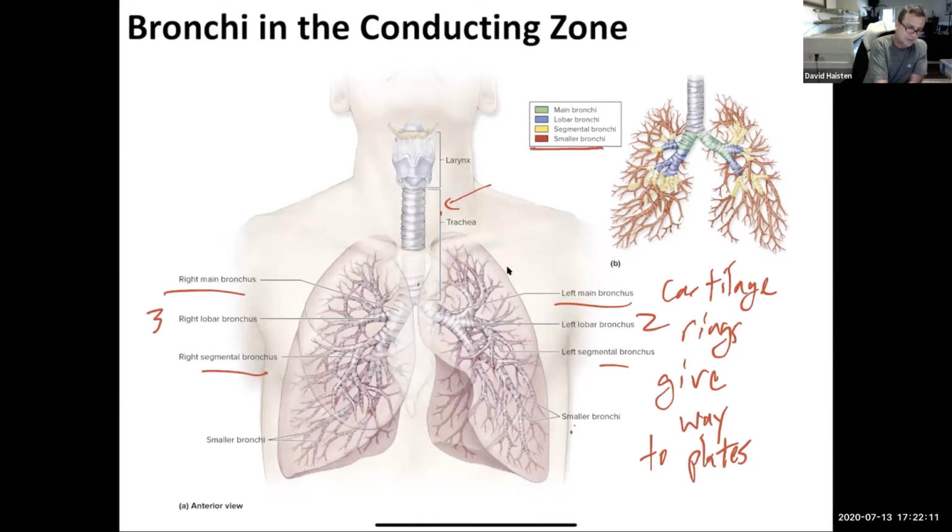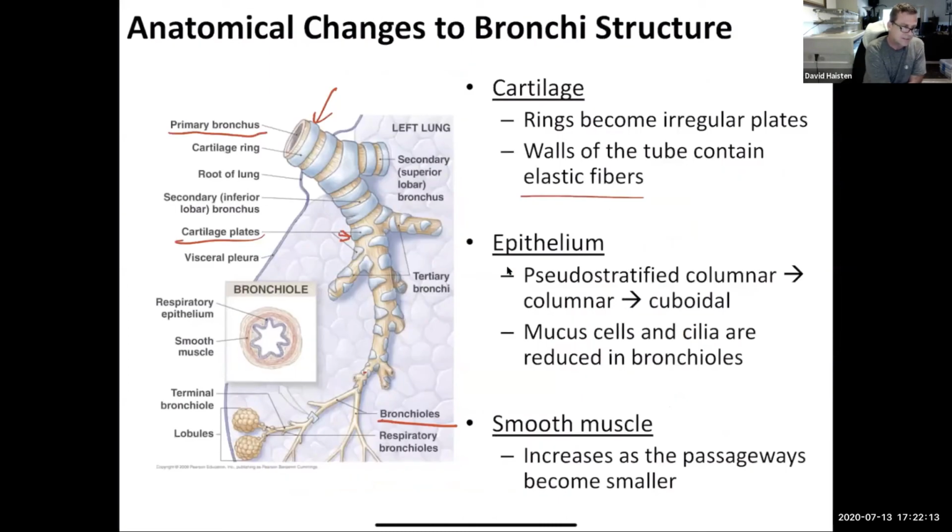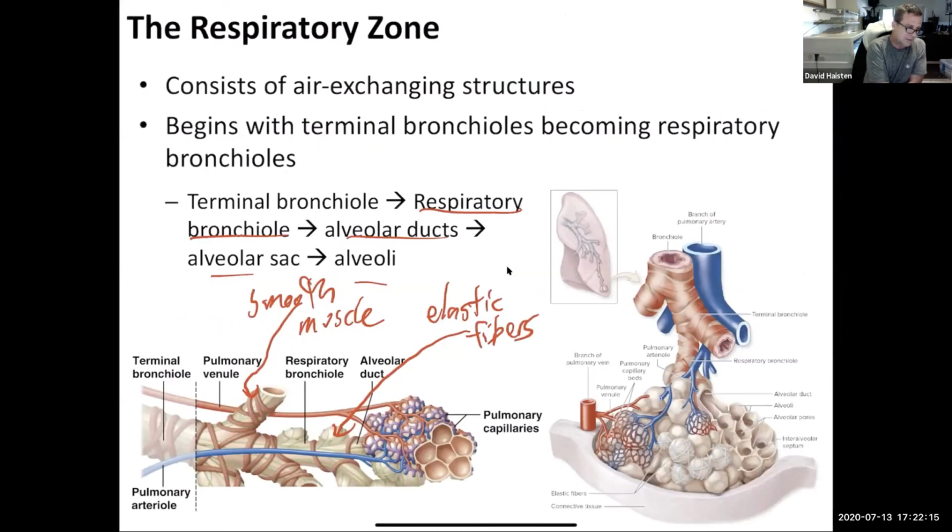The smaller bronchi, that's bronchioles. Into terminal bronchioles, respiratory bronchiole, alveolar ducts, alveolar sac, and alveoli.